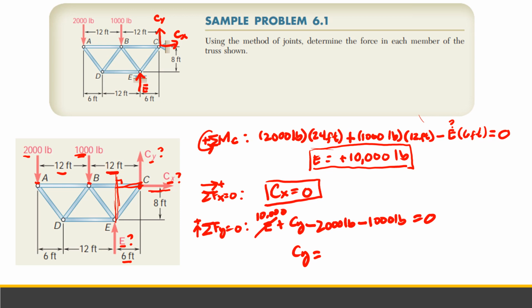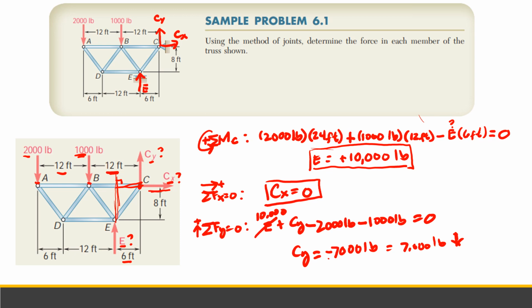Sa kabilang side, so magiging minus 3,000, so magiging 7,000 pounds yung Cy. So negative. So meaning we first assume that Cy is going upward, but since the result is negative, so meaning Cy is equals to 7,000 pounds downward.